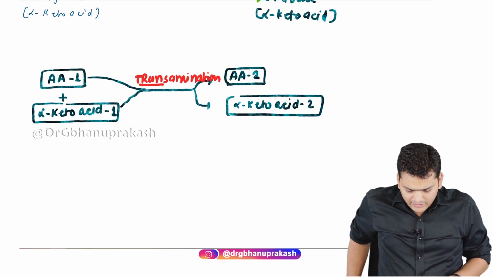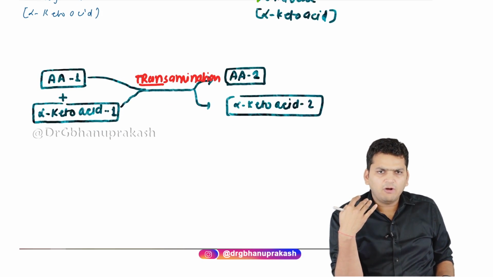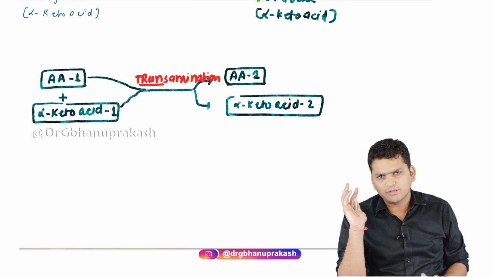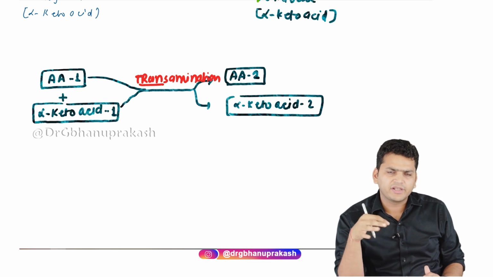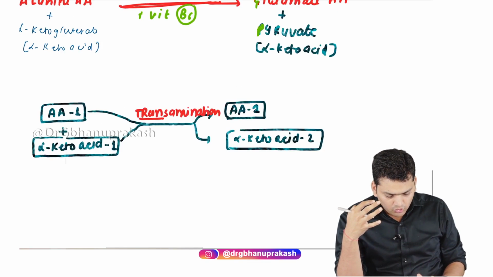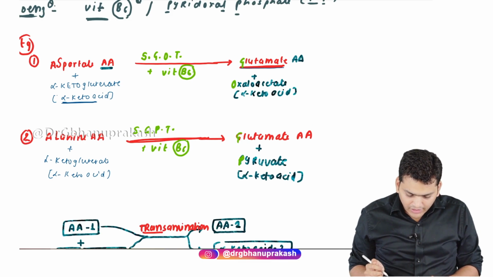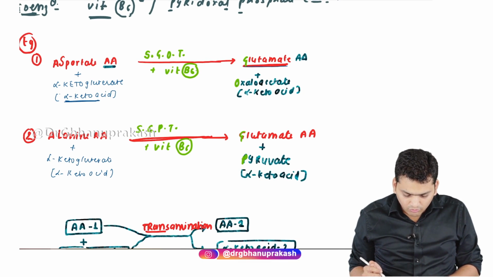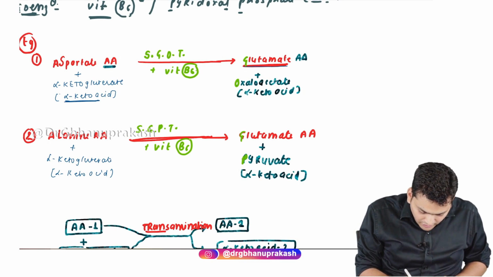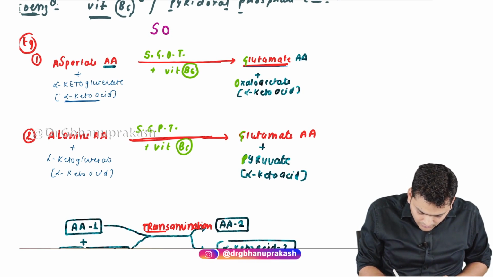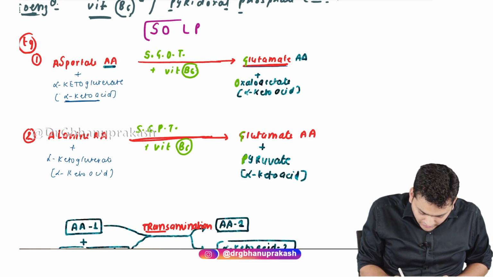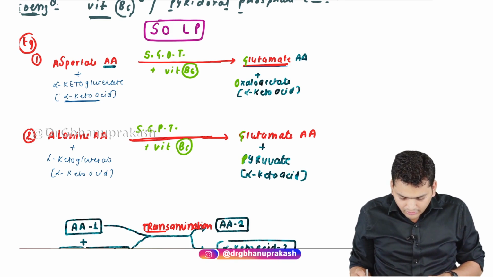The point is how to remember the various examples of transamination reaction and what are the clinical significance of knowing all that. So first, how to remember this? We are going to use a mnemonic, and the mnemonic that we are going to use is SOLP. This is the mnemonic that we are going to use to remember the transamination.